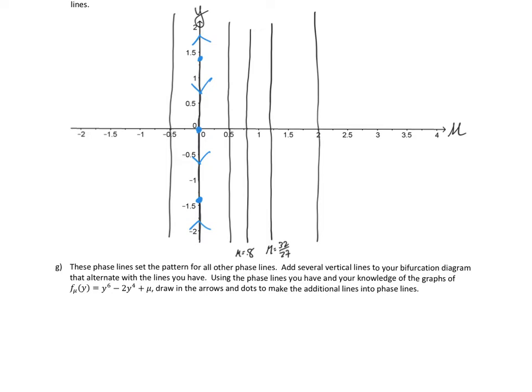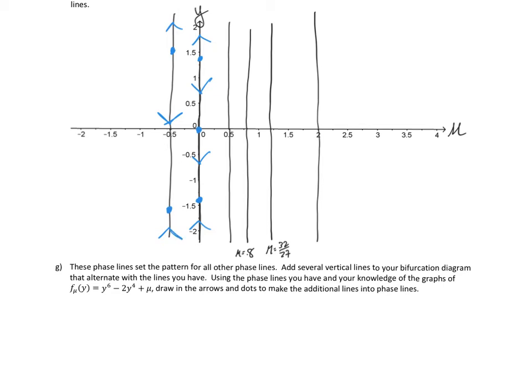Okay, for negative 0.5, I'm going to go back and look at the graph. Points at 1.5 and negative 1.5. And it's negative in between those two, so down arrow, and then up arrow on either side. Oops, that should be an up.